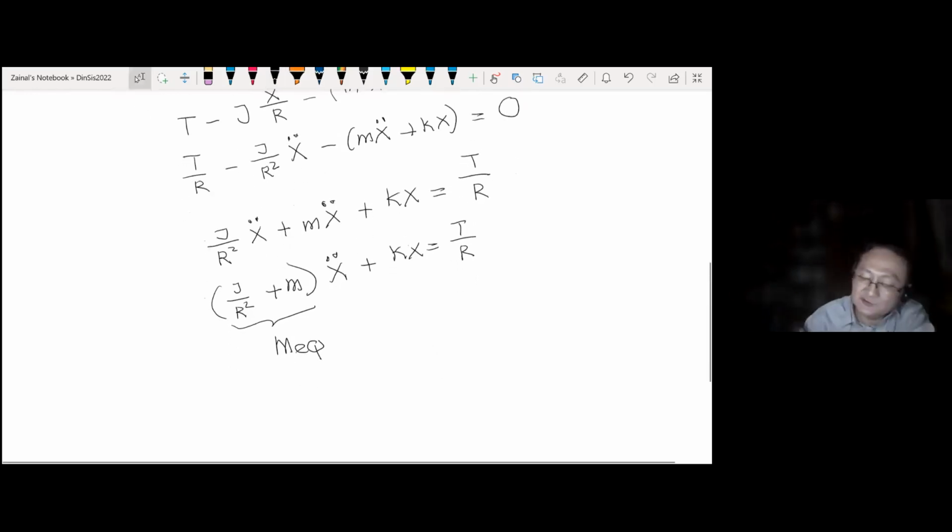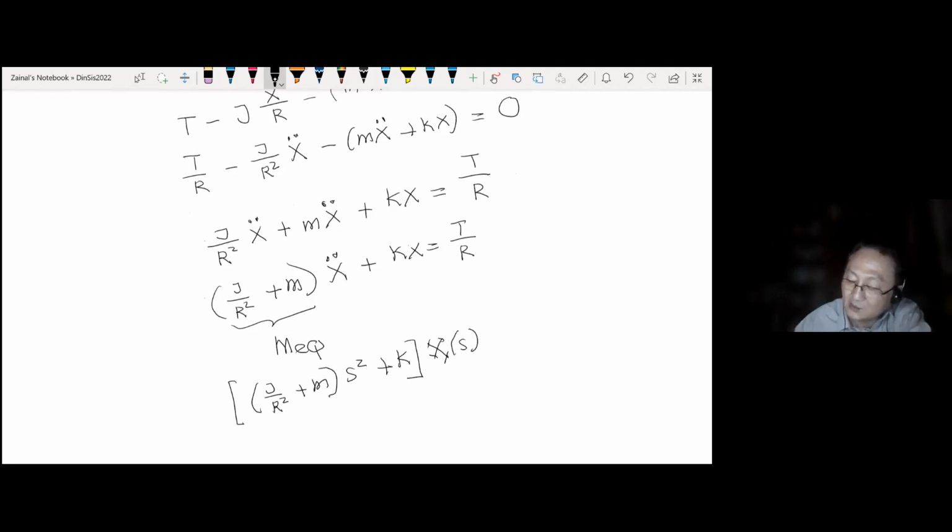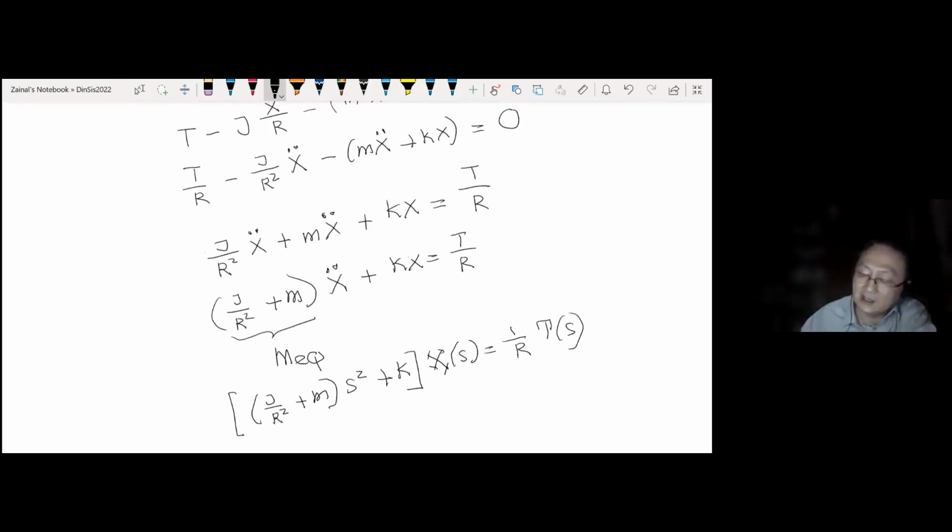Of course, if you do Laplace transform, then you have J divided by r square plus m, multiplied by s square plus k, multiplied by X of s is equal to 1 over r, T of s.